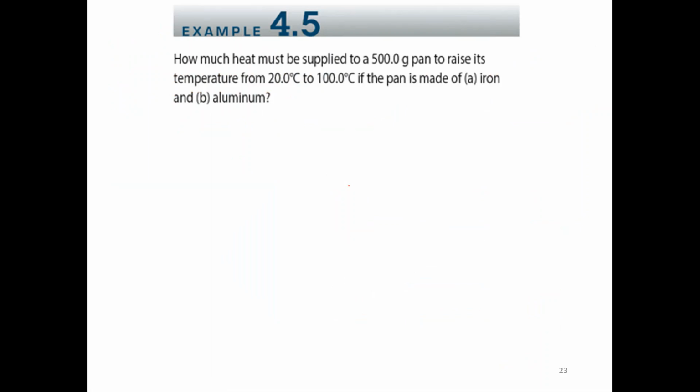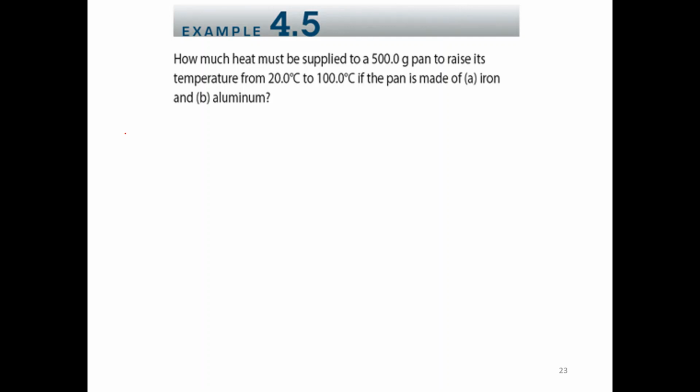Then let's do some problems to practice the equation that correlates heat and temperature. We want to know how much heat must be supplied to a 500 gram pan to raise its temperature from 20 degrees Celsius to 100 degrees Celsius.